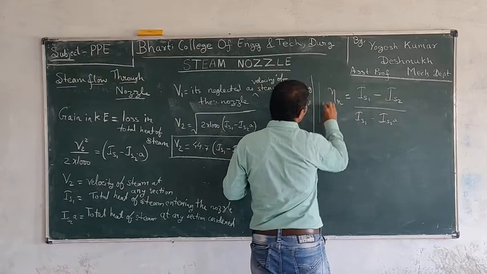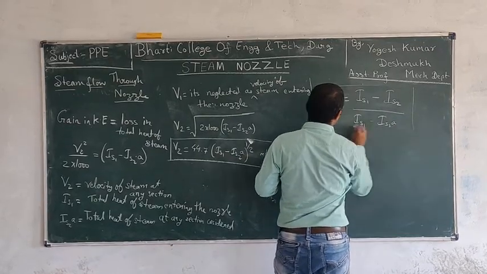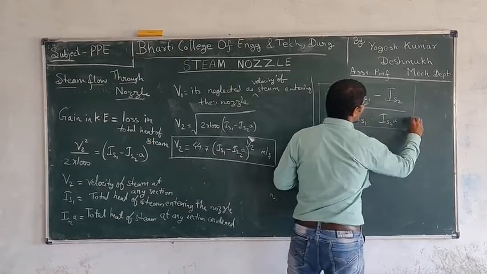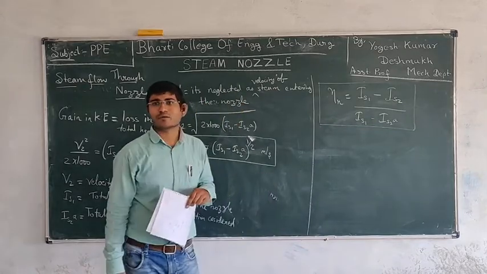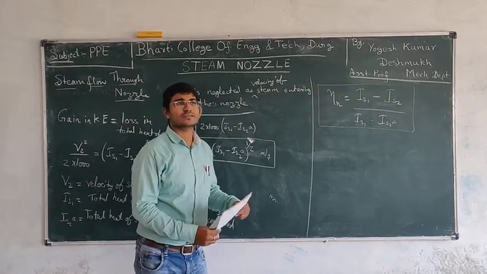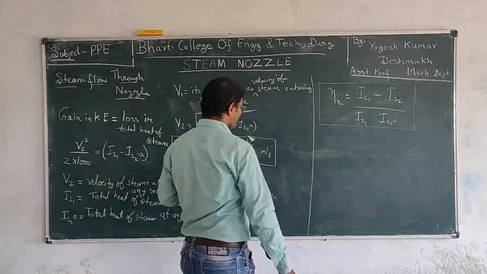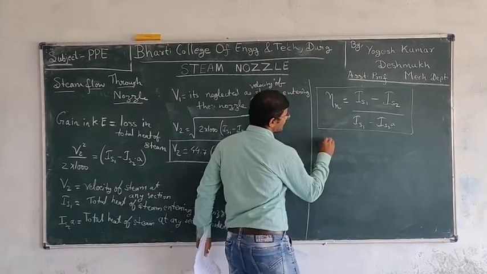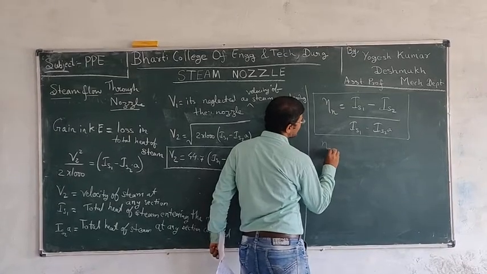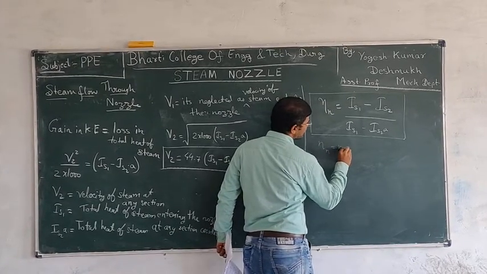By this value we get the efficiency of the nozzle we are going to use for our power plant or steam turbine.